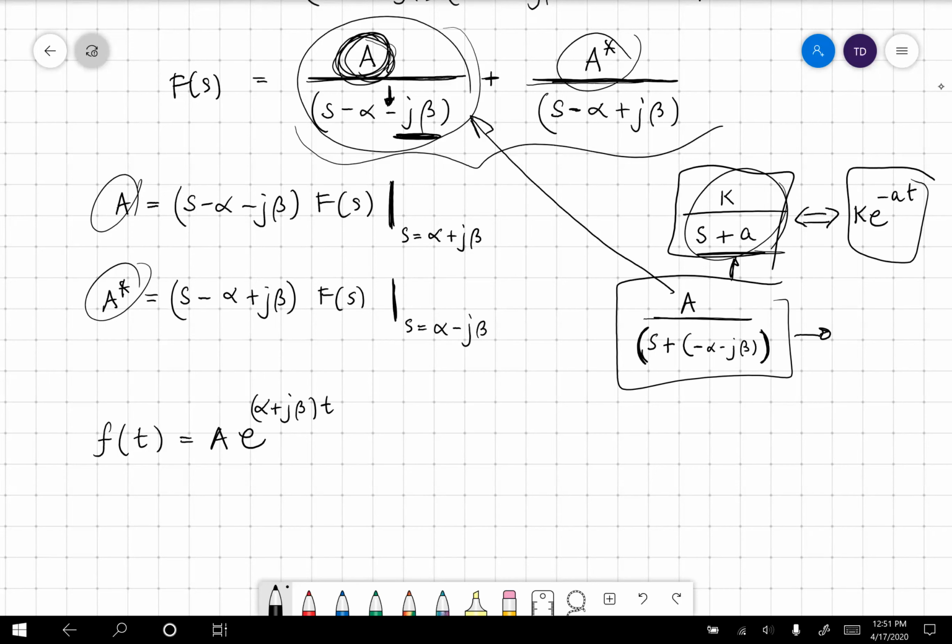And I'm going to solve for B. So continuing along, B is equal to s plus 1 minus j times f of s, evaluated when s equals minus 1 plus j.